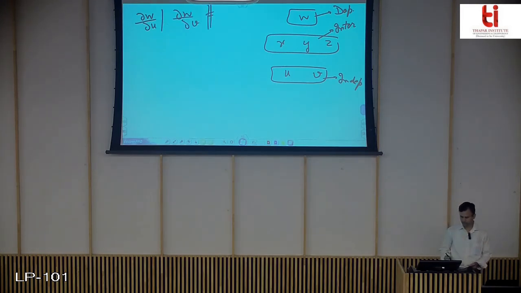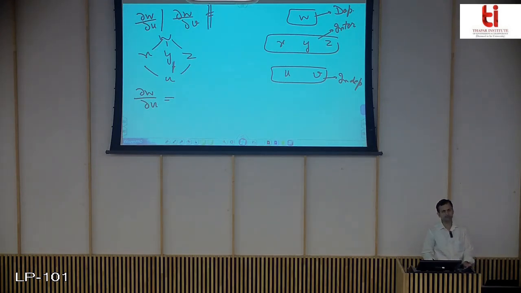So let us first work out the derivative of w with respect to u. Before that, let me first draw the tree diagram to find the formula for the chain rule. I am not writing beforehand what the formula will be; I am writing directly looking at the tree diagram. It is del w by del x, del x by del u.